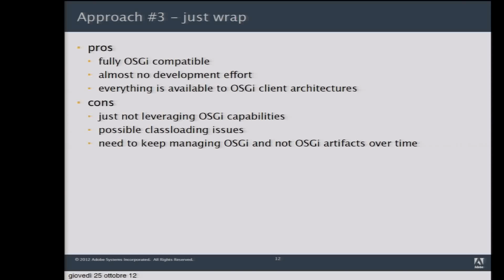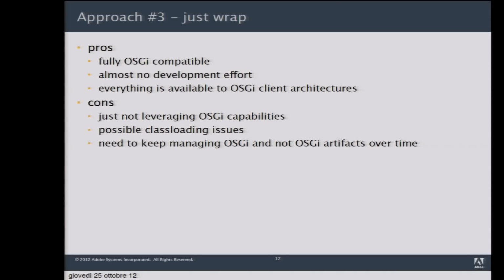The just-wrap approach needs almost no development effort. We just create a new project, for example using the Maven bundle plugin. We just embed all the dependencies, or try to, with BND tools or whatever. But it's very simple.